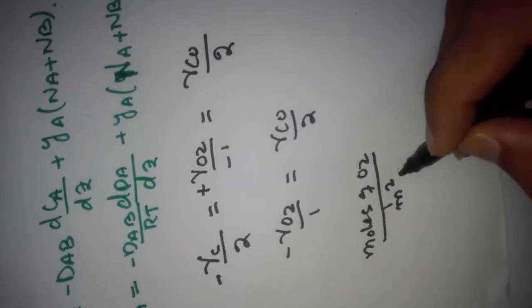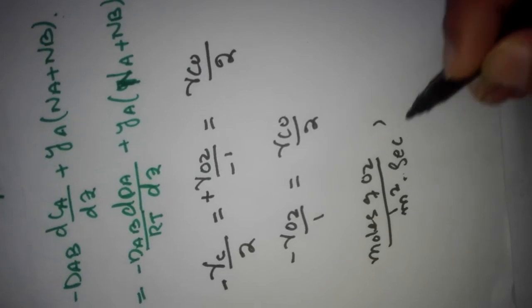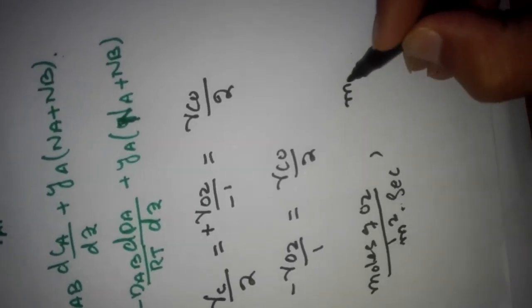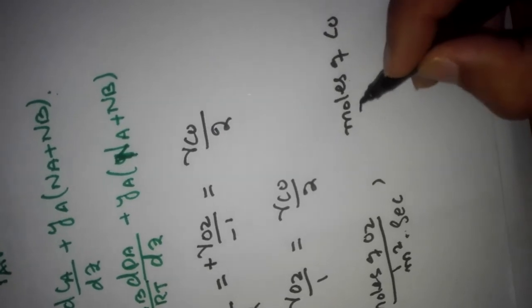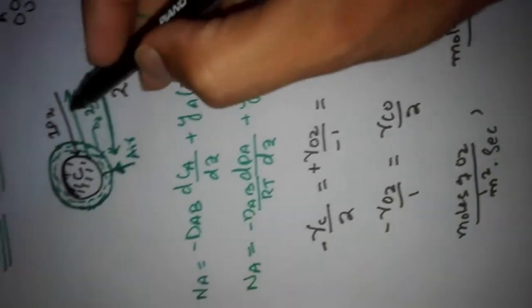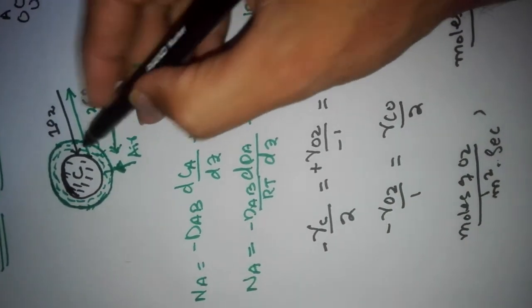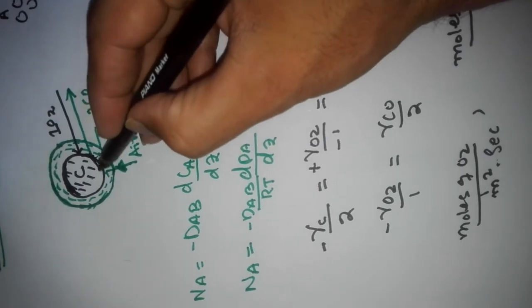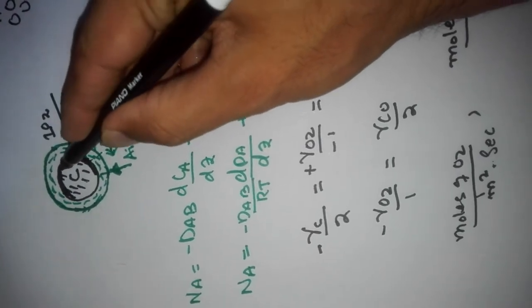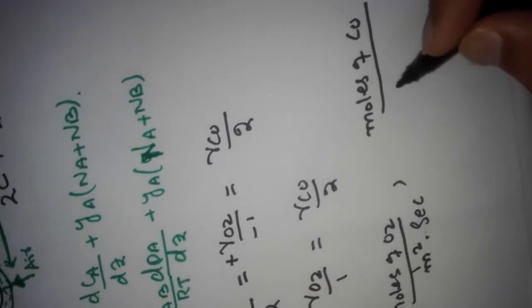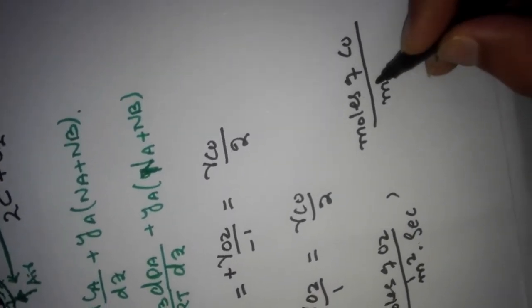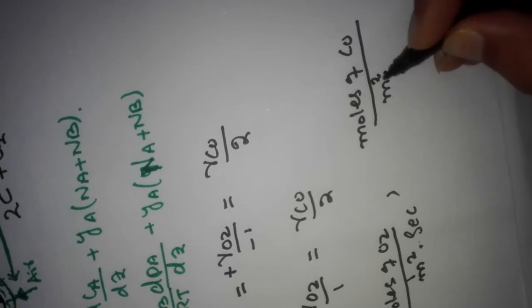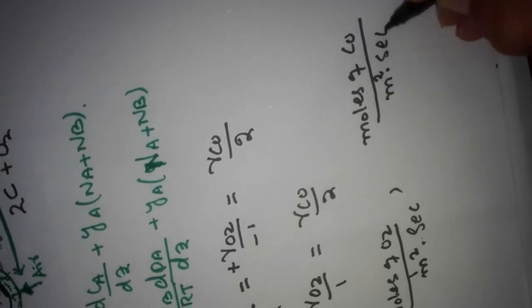Square meter into second. Similarly, moles of carbon monoxide are coming out and leaving the surface of the carbon particle, per square meter in 1 second.